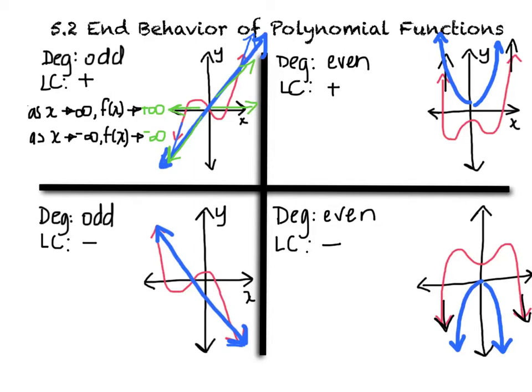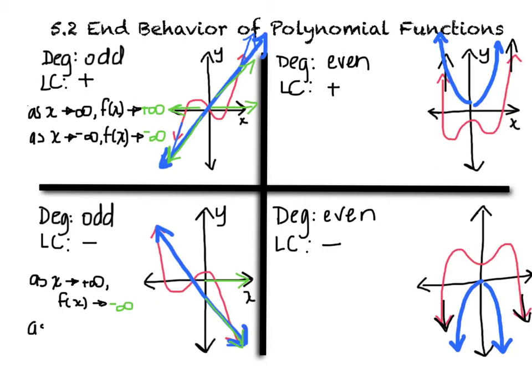The degree is odd, but it's negative because the right side is pointing down. So as x approaches positive infinity, what does my function approach? As x goes positive, my function is actually decreasing, so it's approaching negative infinity.